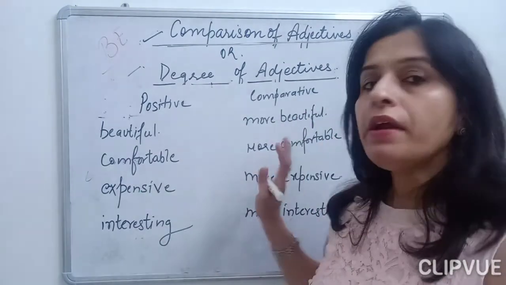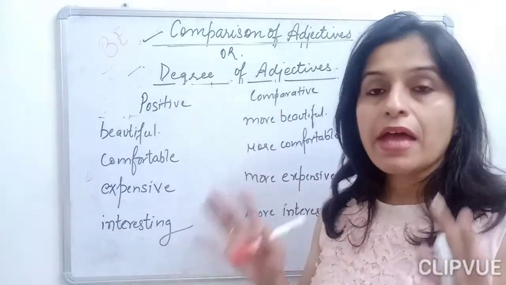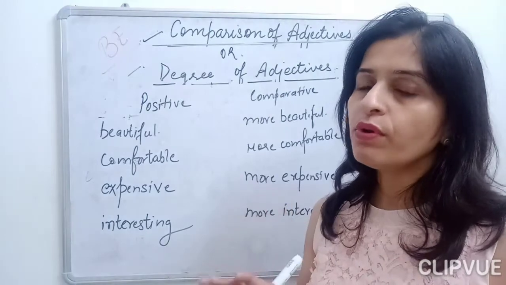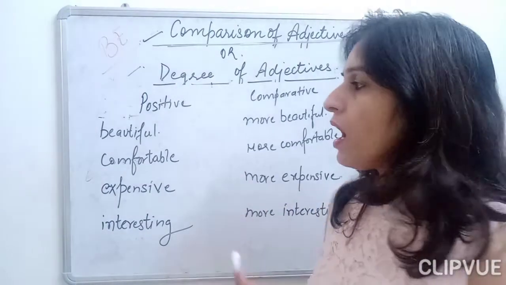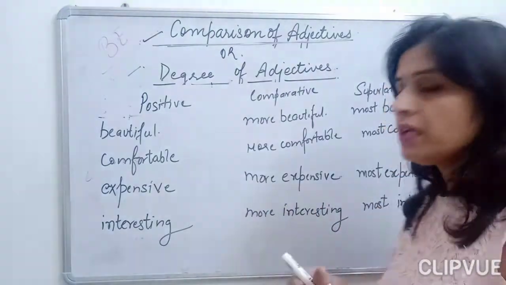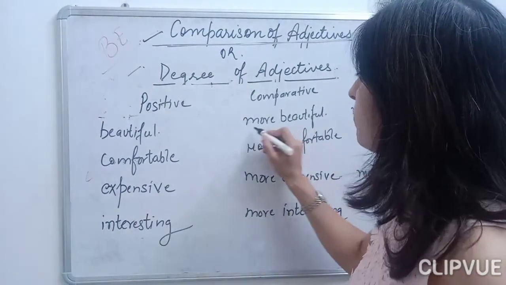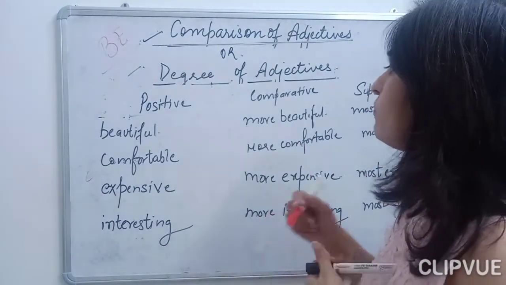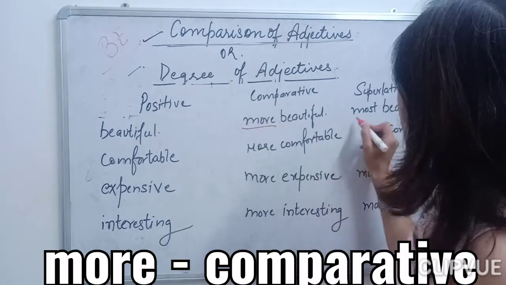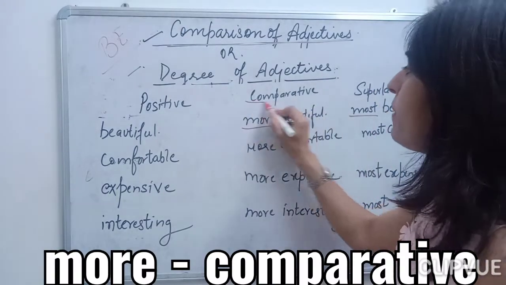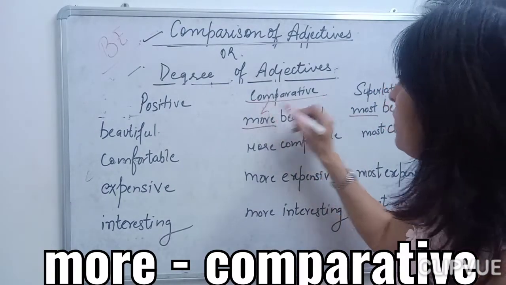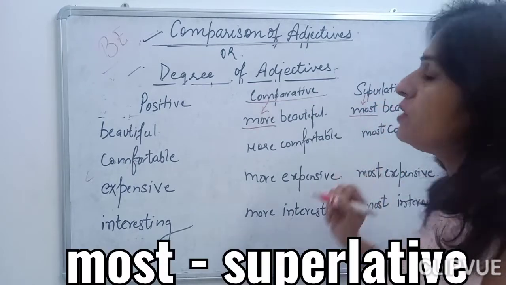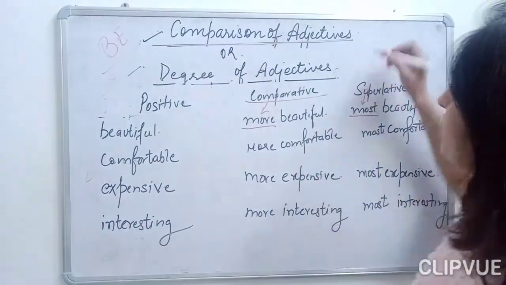Now, these are among those adjectives, as I said, which do not follow any rule. They are compared by using the adjective more or the most. In comparative, we use more, and in superlative, we use the most. Remember this, children.